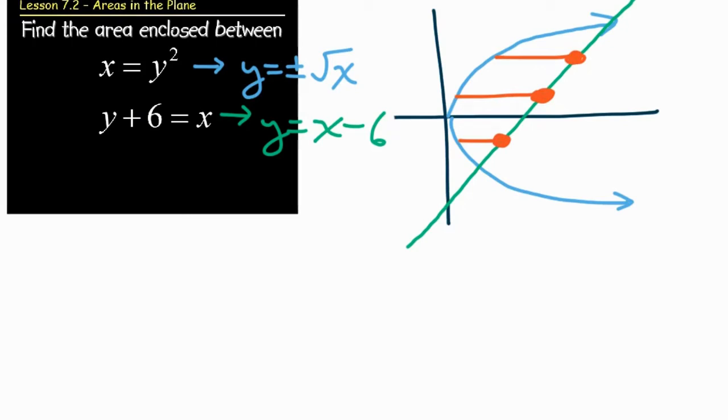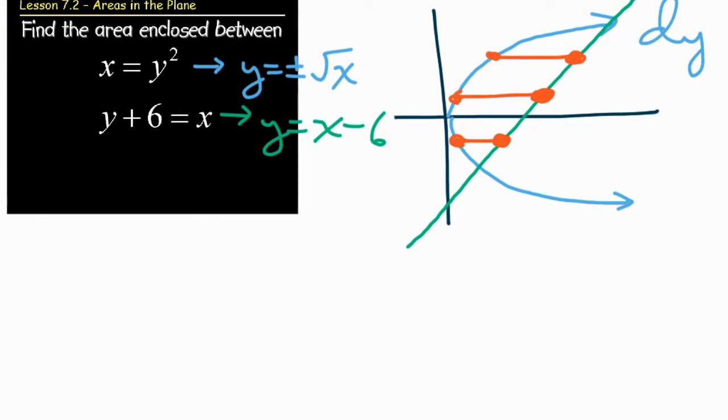The left-hand graph too is always the same. It's always the parabola. And another reason that we're going to use a dy integration on this problem is because from the get-go, the equations were solved for x, which is a little bit of a giveaway that we want to be looking at the problem in this manner.